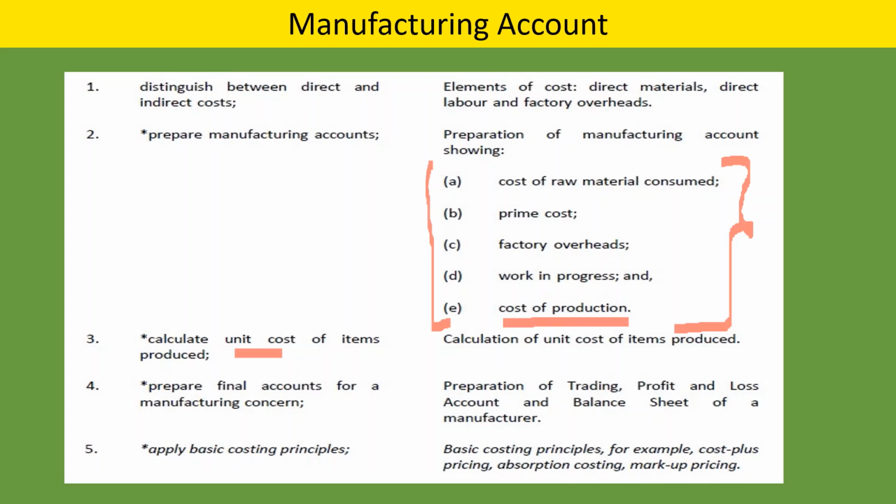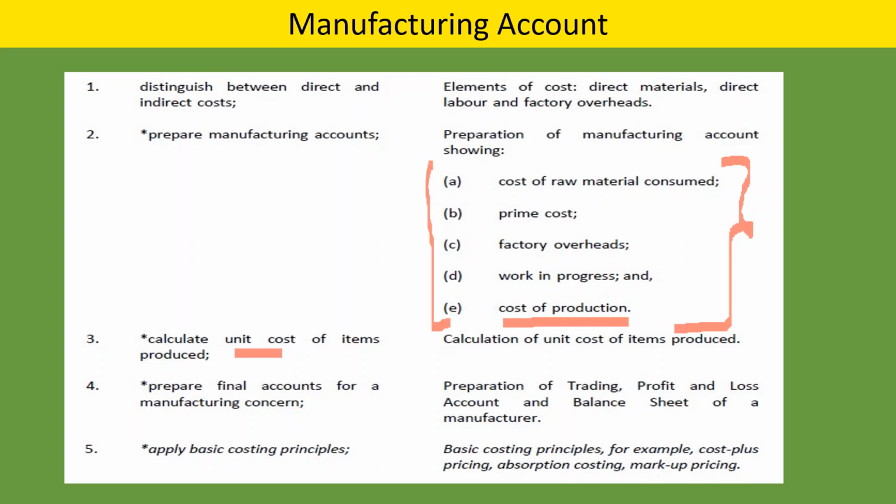You prepare full or final accounts for the manufacturing concern. In addition to the manufacturing account, you should be able to prepare a trading account, income statement, and a balance sheet.